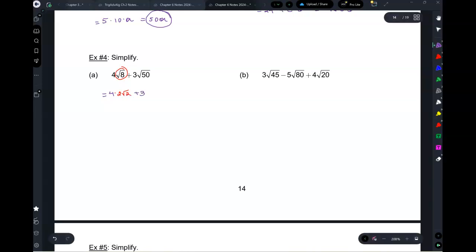Plus 3 times, how does the root 50 simplify? 5 root 2. So here I have 8 root 2 plus 15 root 2. Now they're like terms, right? If I have 8 of these root 2's and you have 15 of these root 2's, together, how many of them do we have? 23. Okay?